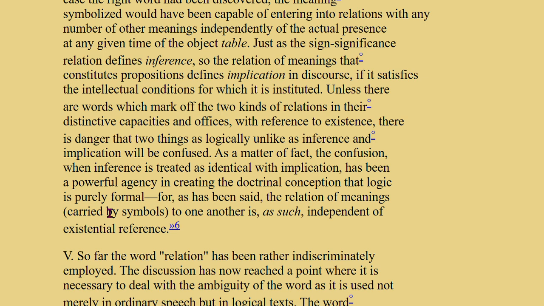So taking the idea of implication and conflating it with inference, right, where the one is independent of existential reference and the other basically embodies existential reference, conflating these two things can give us the idea that logic is a purely formal thing, a purely abstract thing that is separate from our practical experience. And of course, one of Dewey's central points is that this is not the case, that logic is intimately bound up with our practical experience, with our practical life and practical problem solving, and all of that.